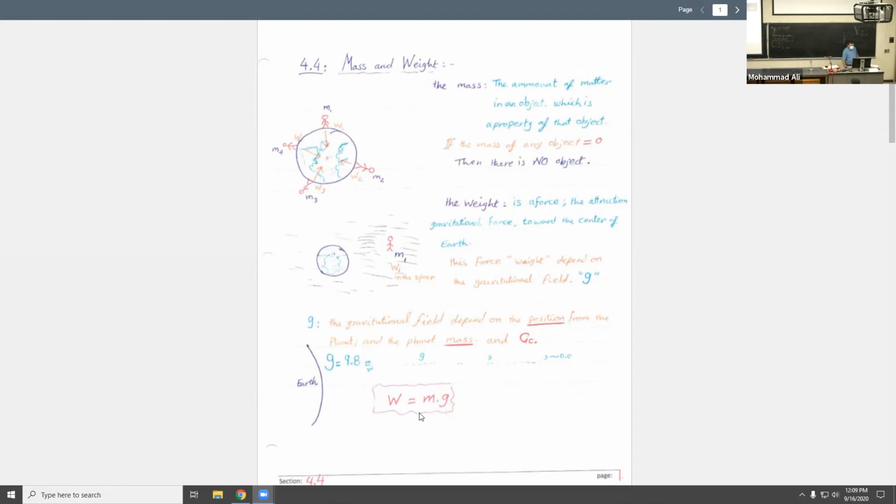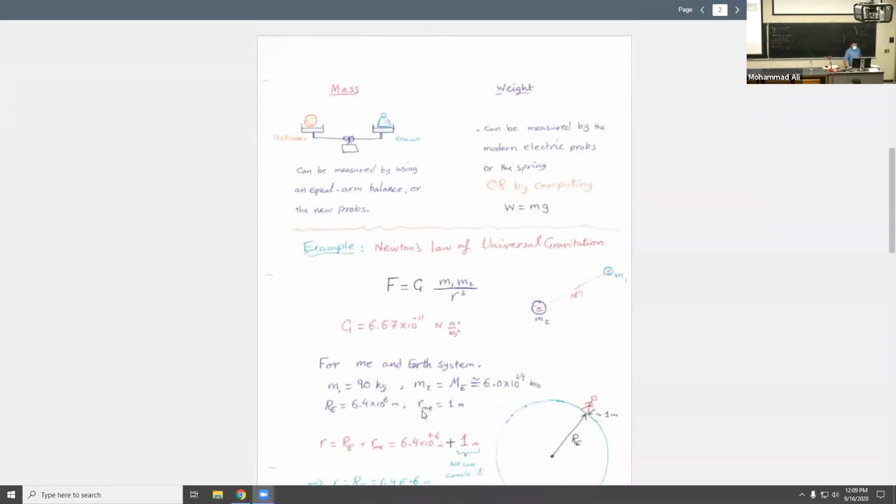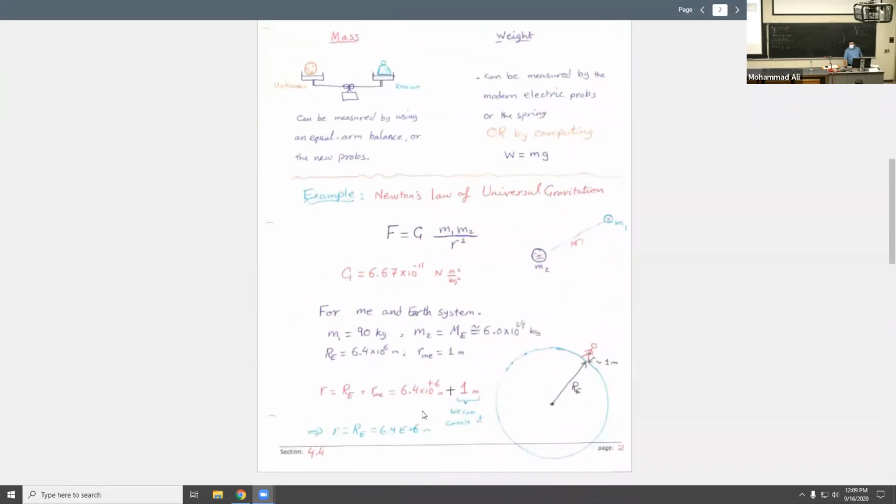Now, we will talk about the mass. It is just a mass. We can measure it using the equal arm balance. We have an unknown mass to measure.